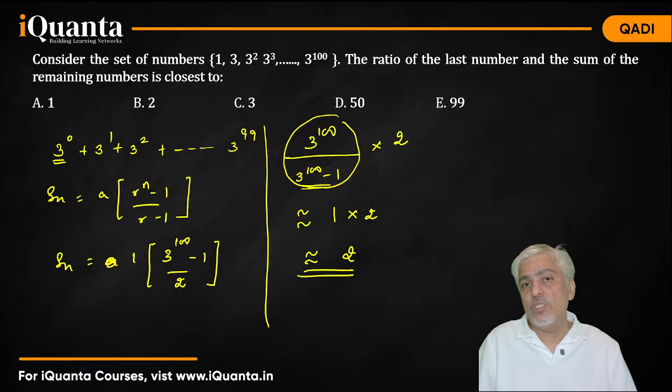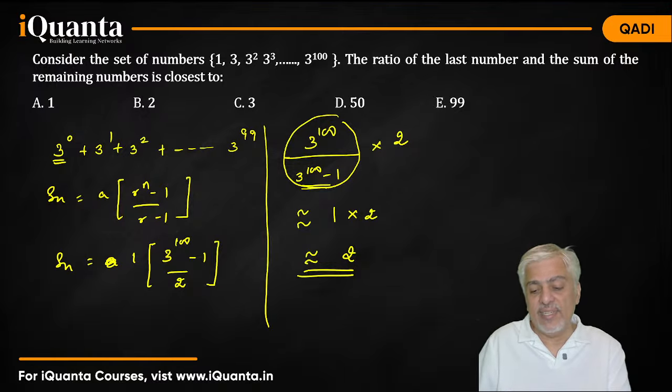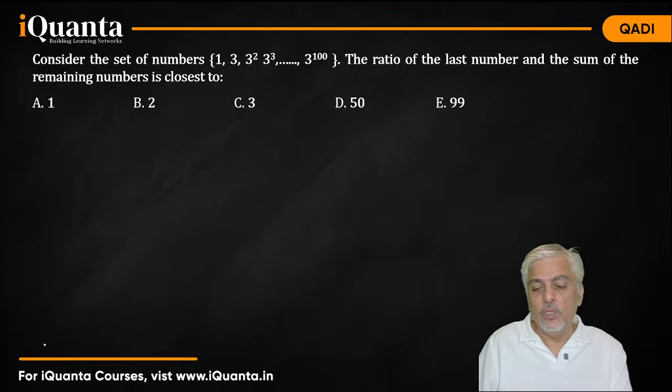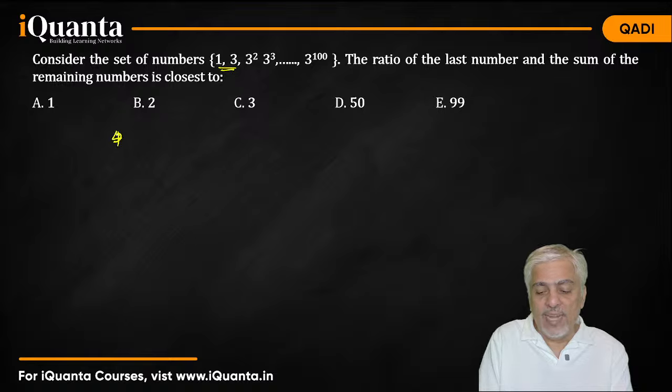In an exam situation, very frankly, I'm not doing this. Let me explain what I would have done in an exam situation. I am taking the first two terms: 9 divided by 4. Third term, 9 divided by 4 is approximately 2 point something.